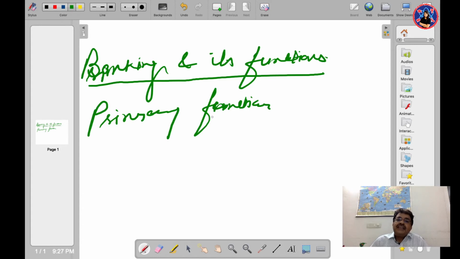So these three types of loans are given by the bank to the people, which is called advancing loans. These are the two primary functions: first is accepting deposits, and the second is advancing loans to the people. The bank plays only with the money of the people.